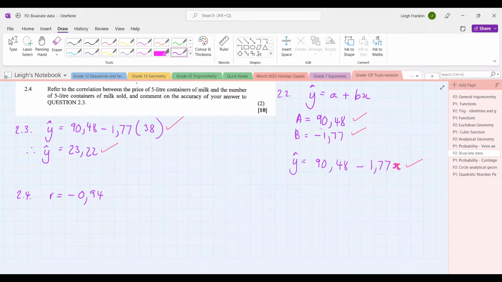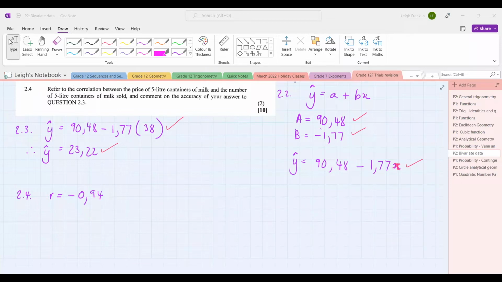So it could be weak, or moderate, or strong, or very strong. So what words would we use here? Okay, so it is strong. You could even use the word very strong. Negative correlation is correct. So there is a very strong negative correlation.